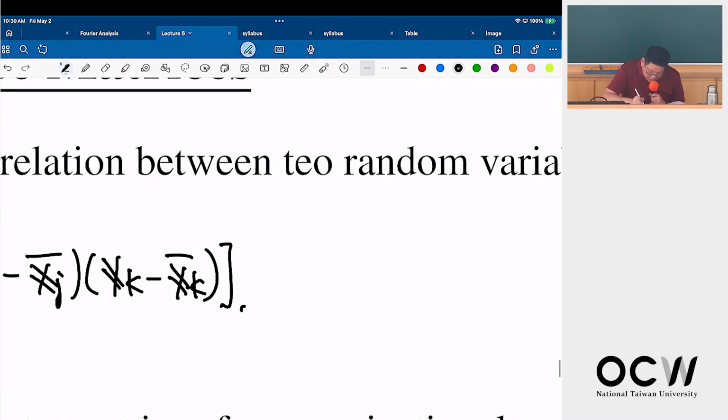Again, j is from 1 to n and k is from 1 to n.